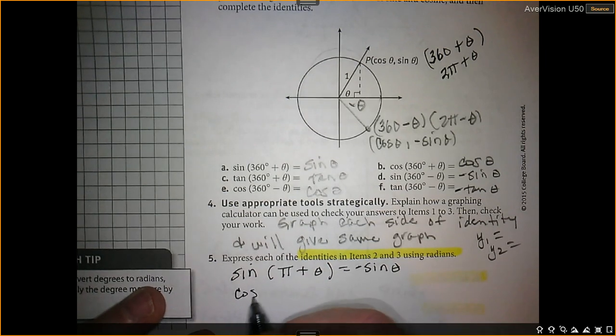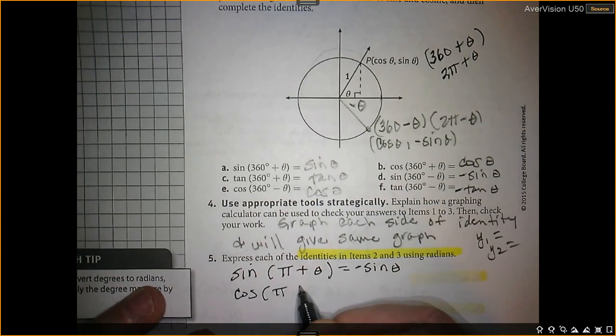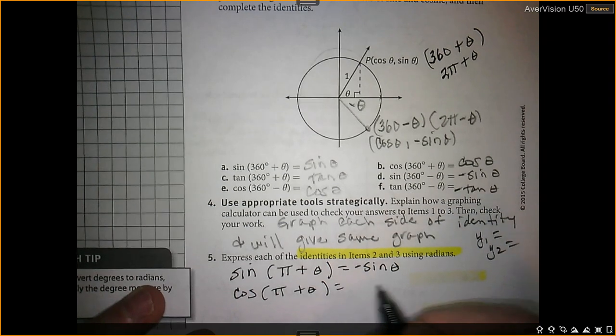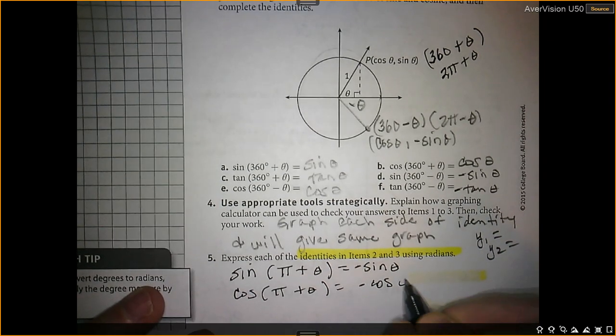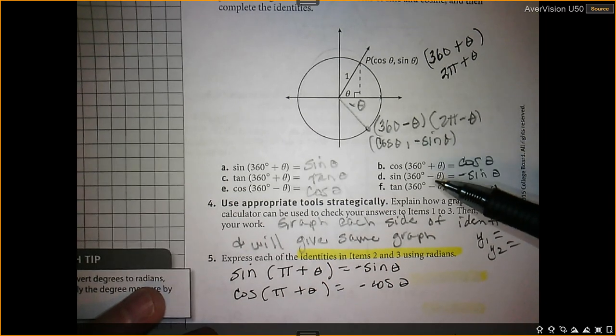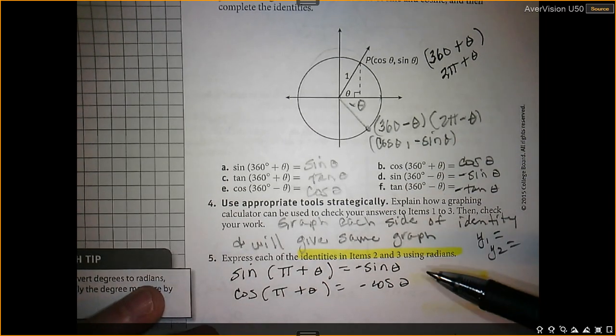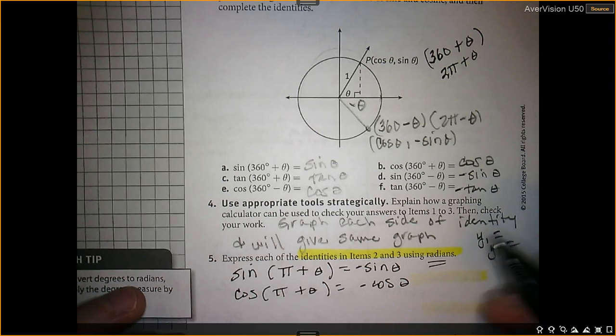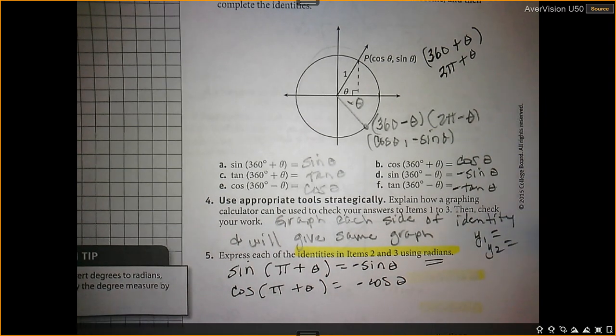Like cosine of pi plus theta equals negative cosine. So I'm not going to bore you with that because all this question is asking is that you turn 360 into 2 pi. So it's all the same things, but now it's in radian form. So this is degree form, and then hopefully you can convert 180 as pi, right? And then 360 is 2 pi.